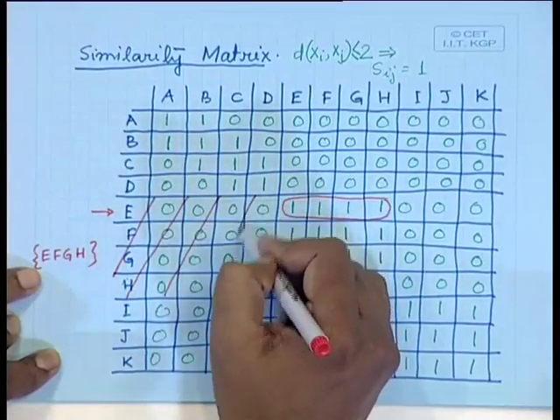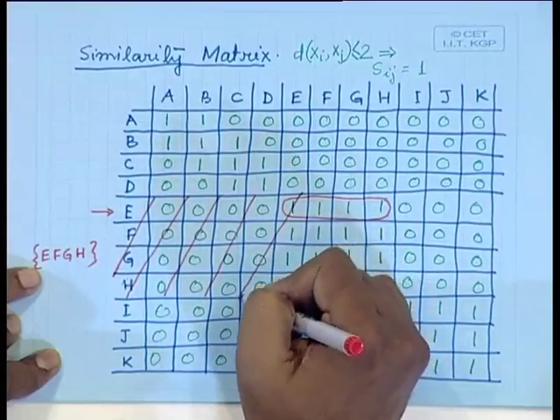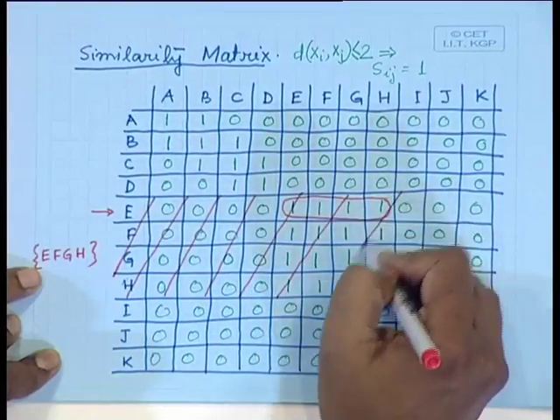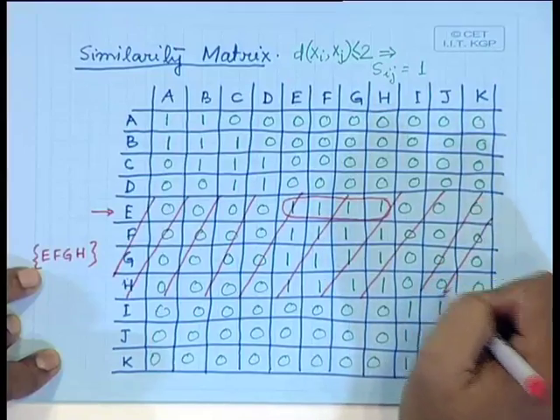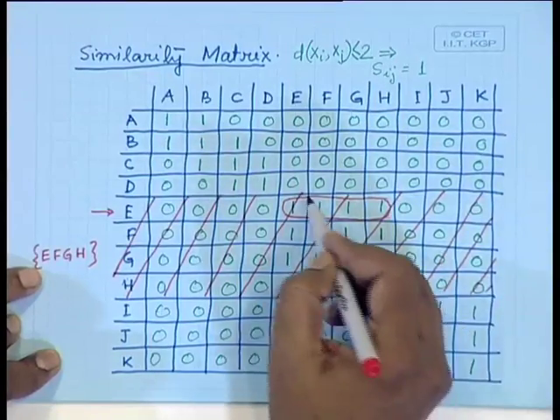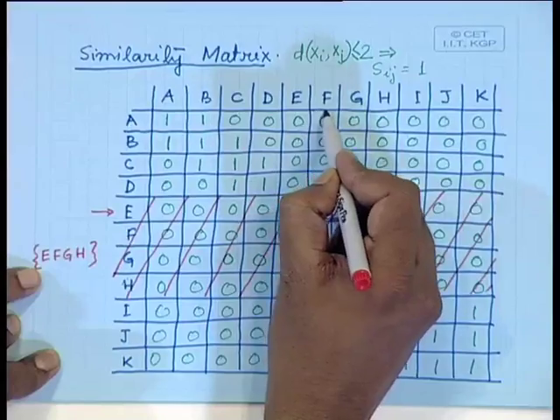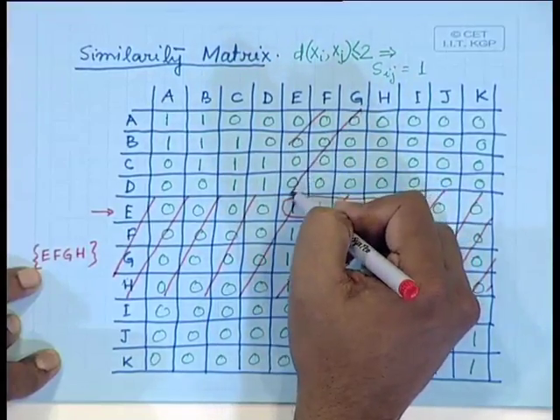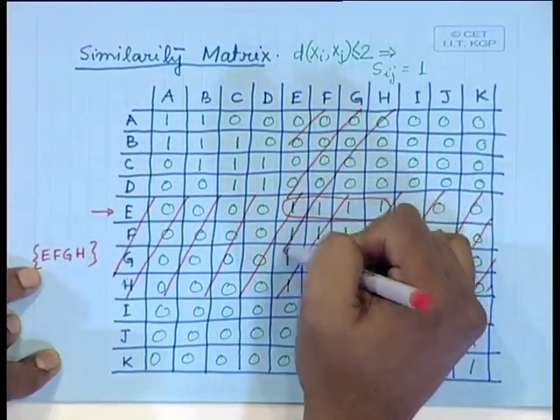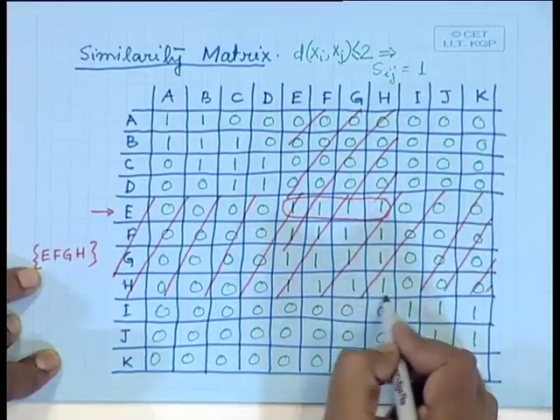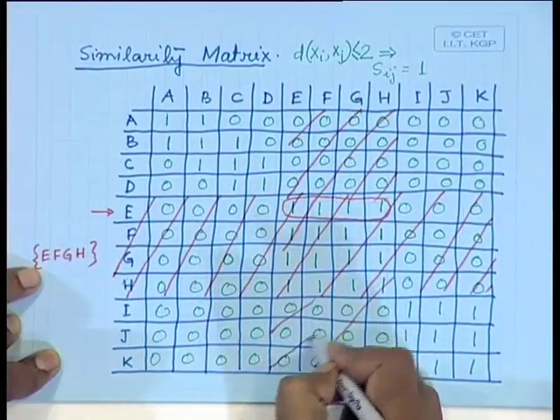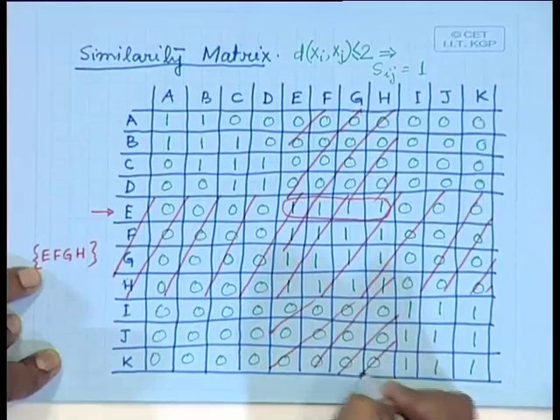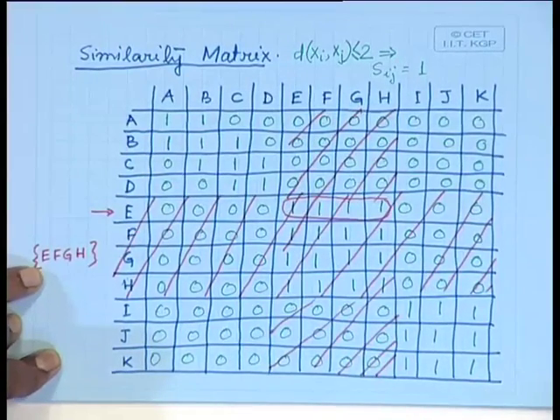So, I will remove all these rows and I will remove all the columns corresponding to E, F, G and H. So, I do not have to consider these rows and columns for any more clustering operation.